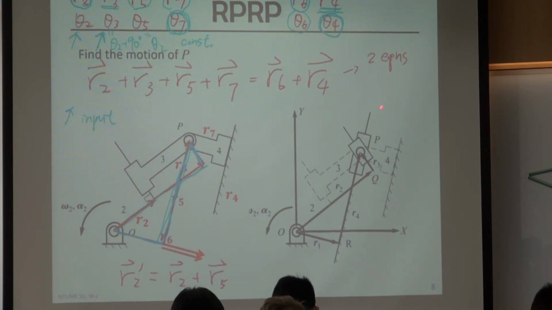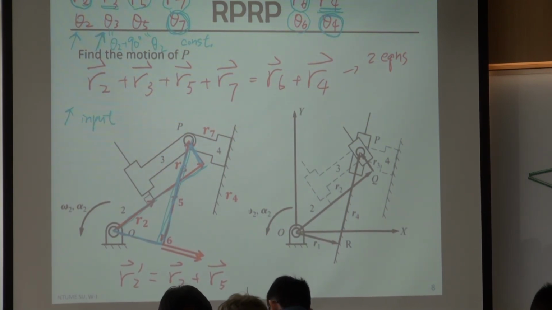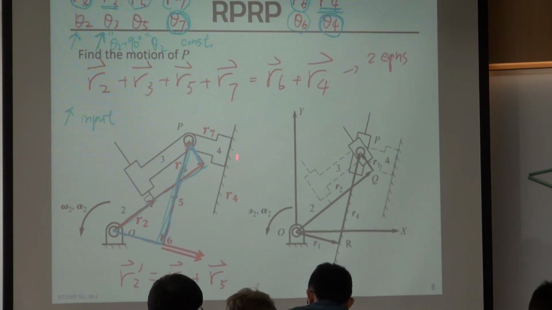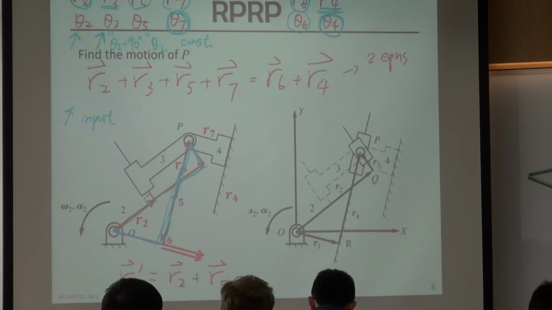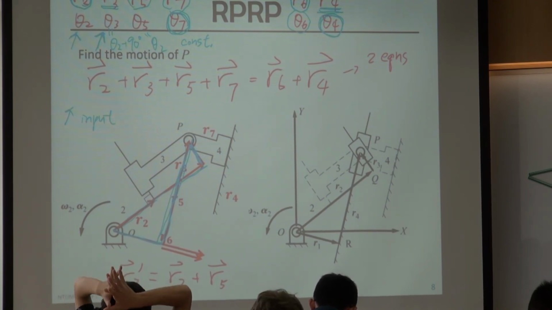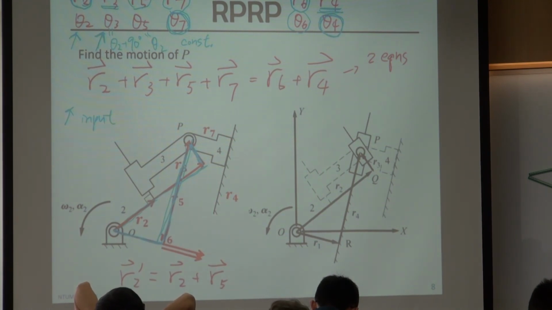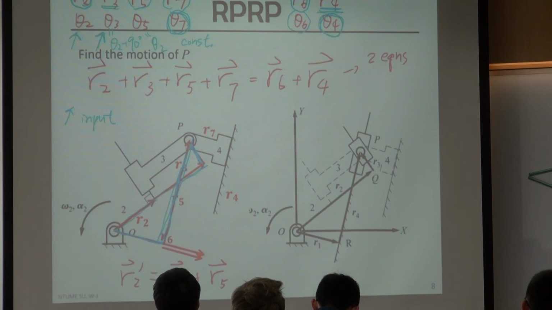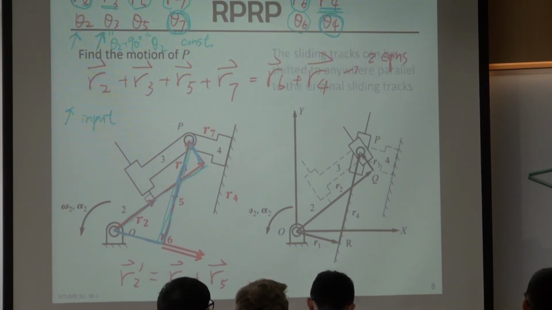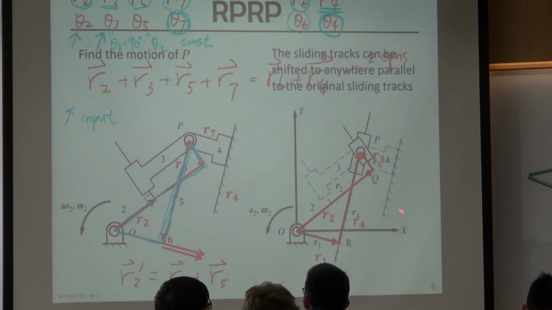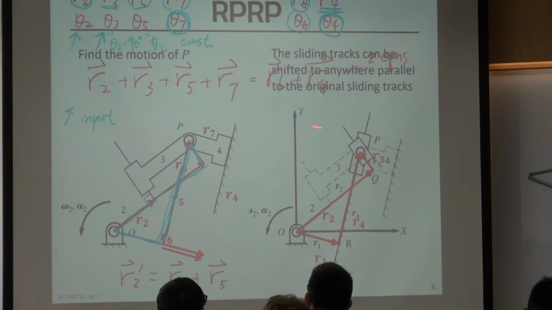So if this one is working, this one should also work. Instead of using 6 vectors, you can use only 4 vectors to analyze the same mechanism. So this mechanism works the same as the original mechanism.